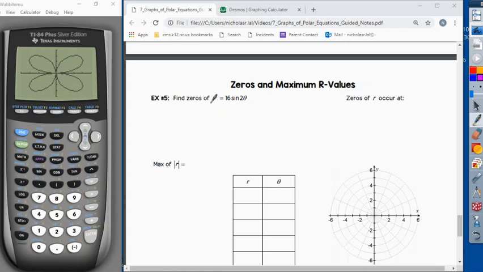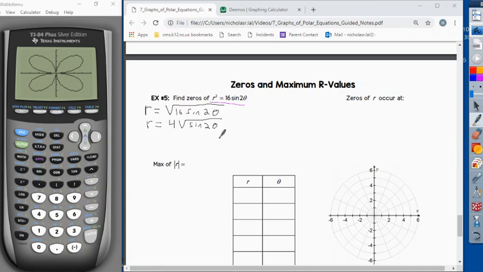In order to graph polar equations, we usually use the form R, so we can find R. If R squared is equal to 16 times the sine of 2 theta, R is equal to the square root of 16 times the sine of 2 theta. And R is going to be equal to, we can bring out the square root of 16, which is 4, 4 times the square root of the sine of 2 theta.